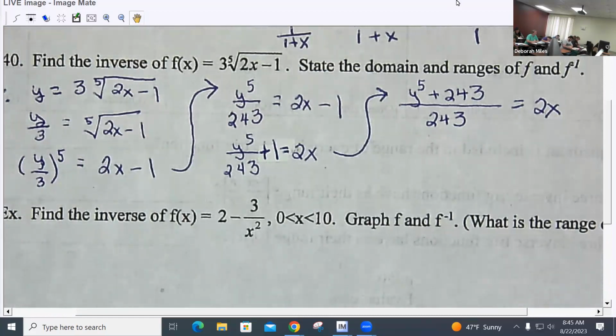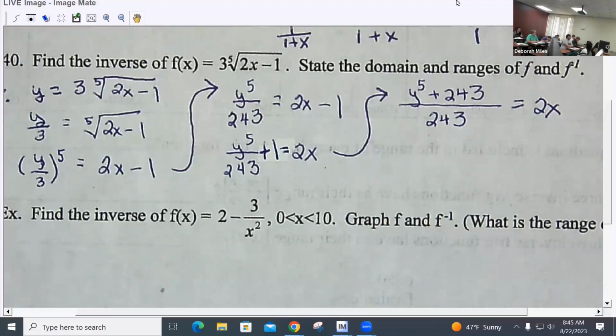The OCD person that I am, I look at this and ask, if I split that into 2 terms, would it be equivalent to the left-hand side right here? Yeah, it would. So I'm confident. And then I can divide by 2 and not have a complex fraction.